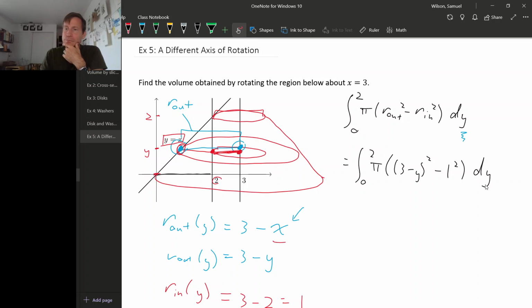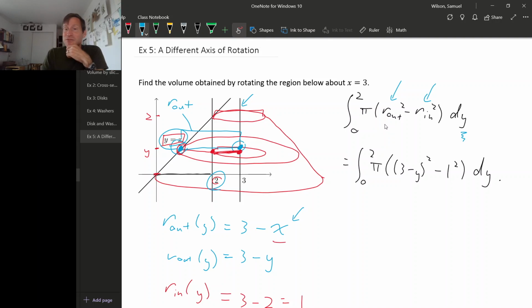All right, so we'll evaluate this integral in just a moment. But what I want to point out here is that because we are not rotating around a coordinate axis, we can't just throw in the equations for these boundary curves like we were able to do in previous examples.